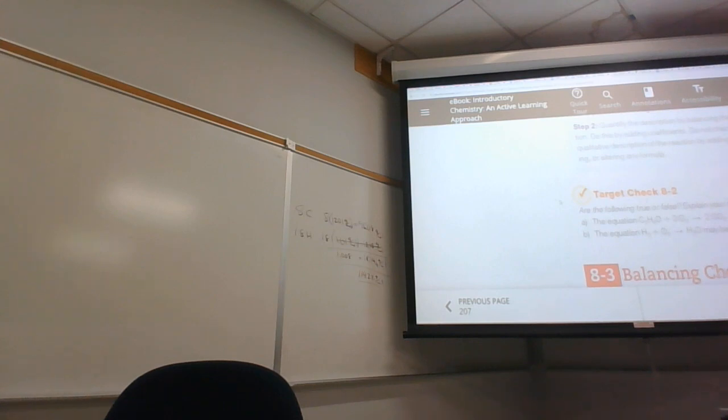Is that right? If I plug in 5 halves for X, 5 halves times 2 is going to be 5. So 5 plus 1 gives me 6, and so I have 6 oxygens, which is equal to 6 oxygens. But usually we don't want fractions there. So we'll double everything to get rid of the fraction.